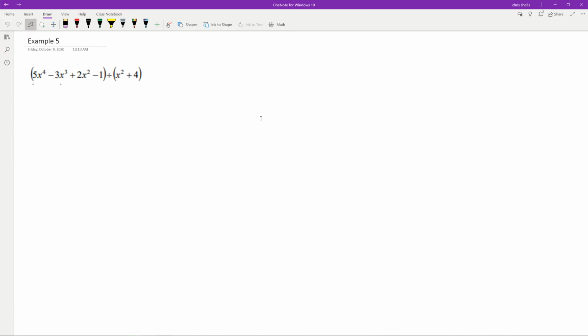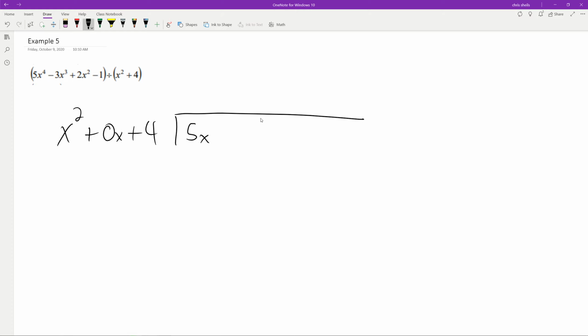Another example. Notice here how I'm missing a linear term in my divisor, so I have to add in a placeholder the same way I do whenever I am missing something underneath this box.